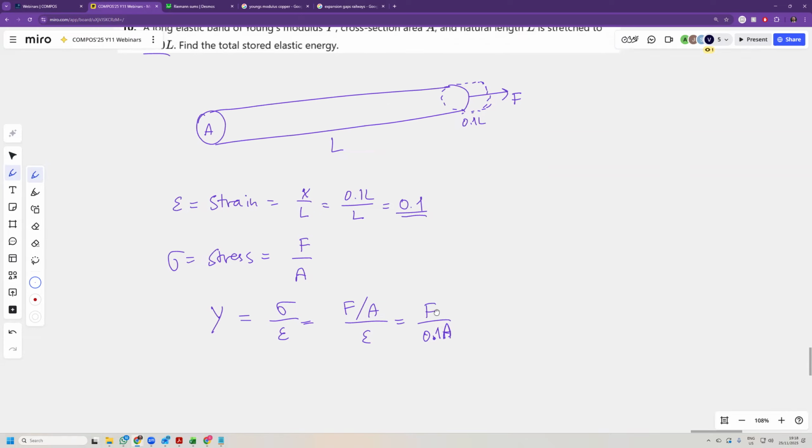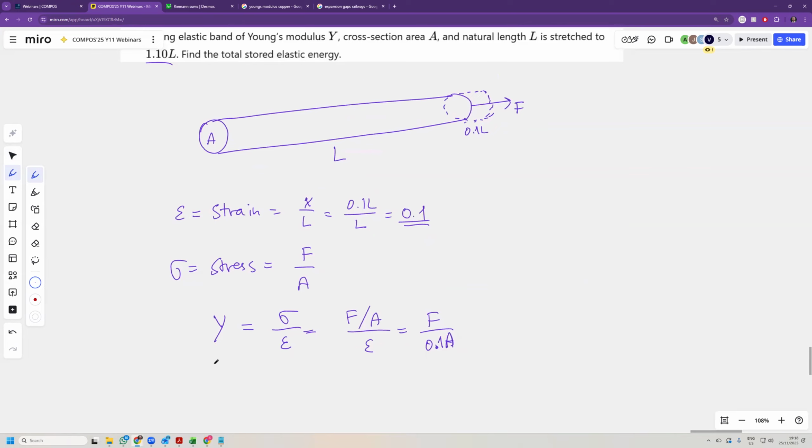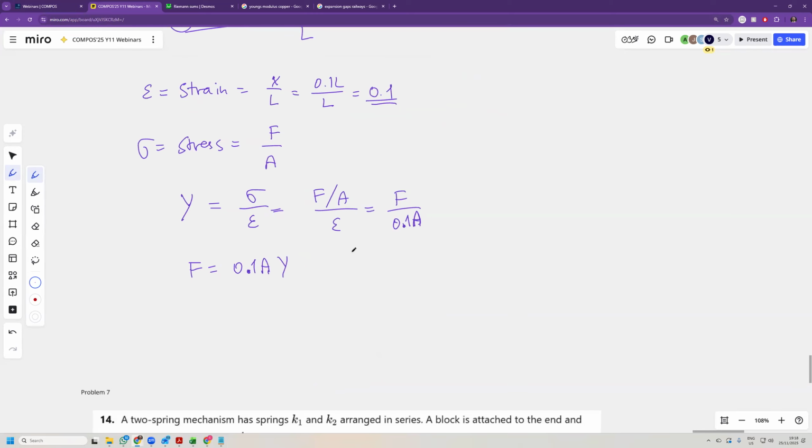But we know this Young's modulus, so we know the force. Hence the force is 0.1 A Y. And then elastic potential energy.